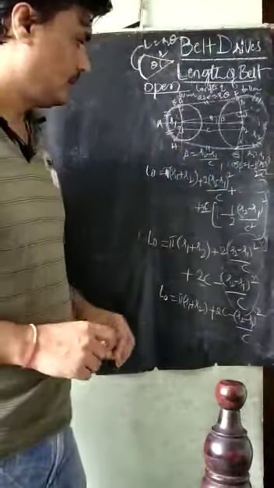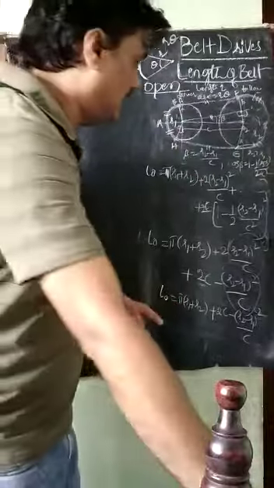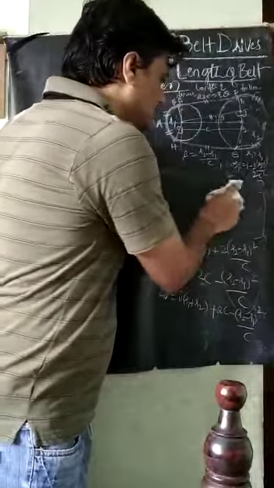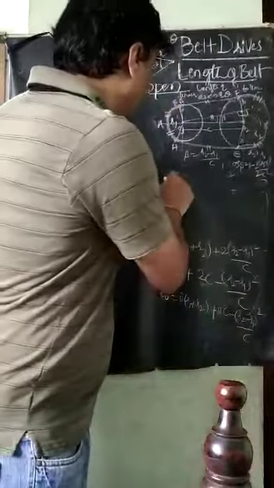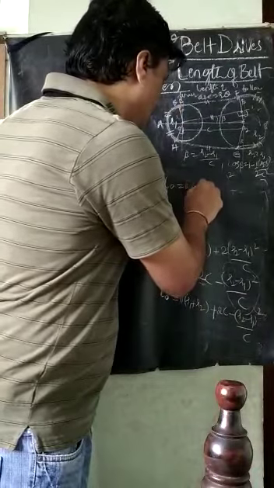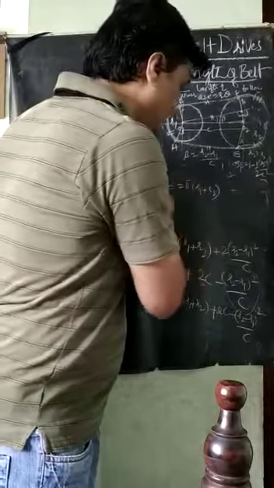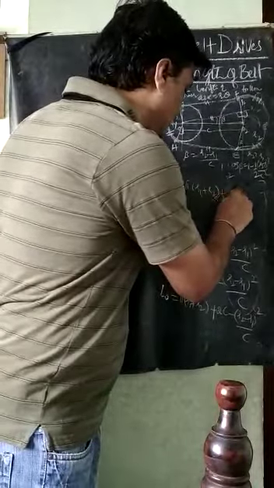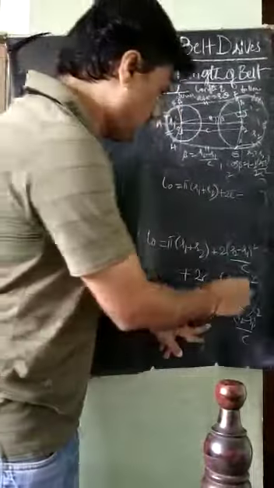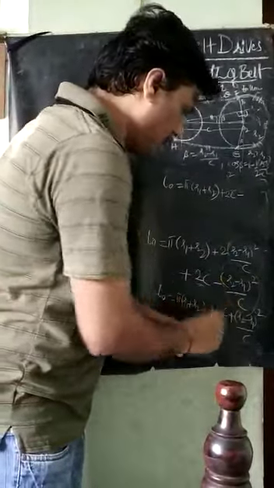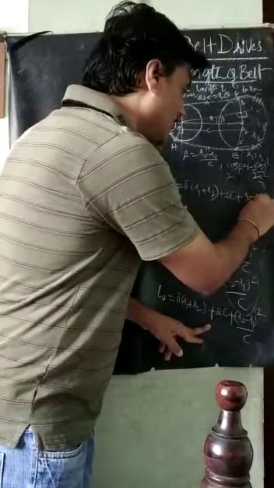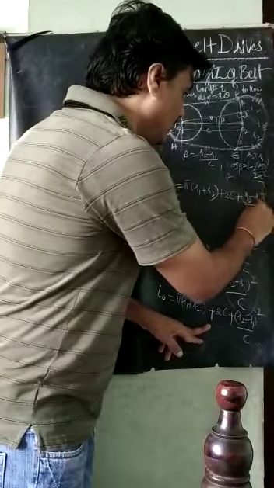So therefore, at the last, the length of the belt we are getting is L_O equal to pi into (R1 plus R2) plus 2c, and, sorry, it is not minus, it is a plus, plus (R2 minus R1) whole square divided by c.